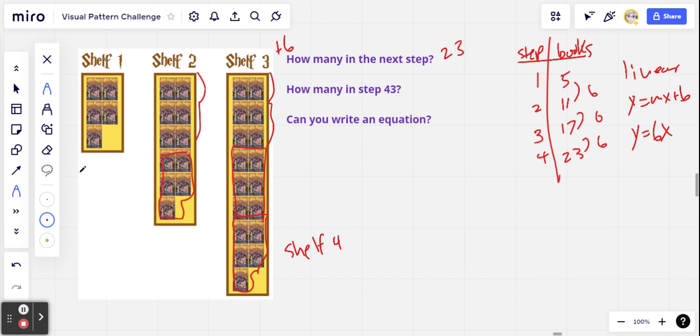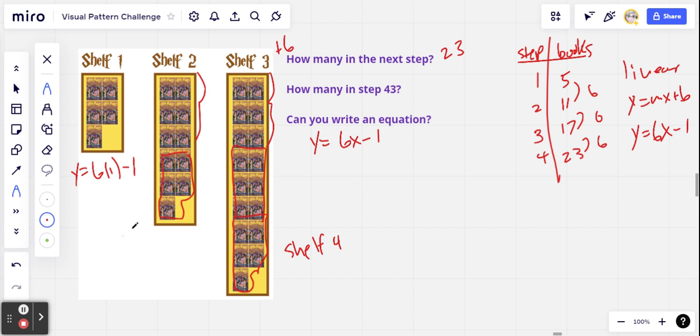In this case, the x is the shelf number, so y equals 6 times 1. That would predict 6 books, but we don't have 6 books. We have 5. So to make this work out, we'd have to subtract 1. So our value for b is actually negative 1, and our equation is y equals 6x minus 1.